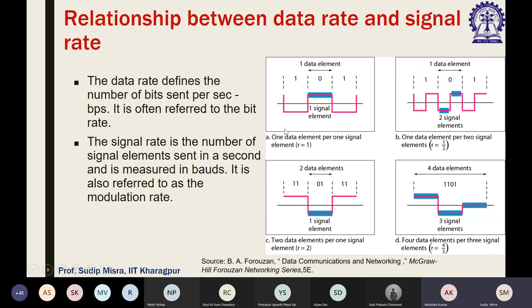In this figure, what do you see? That one data element and one signal element are of the same length, right? In other words, one signal element is used to represent one data element in this particular scheme. Is this clear? Any confusion?